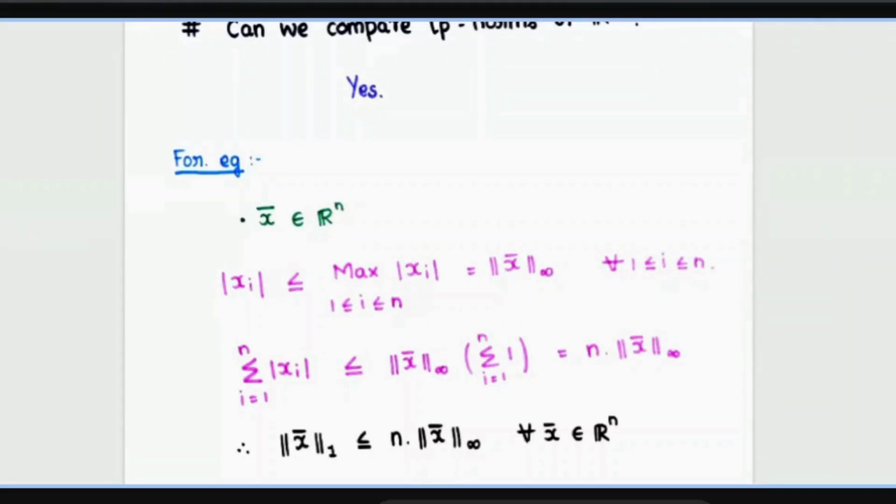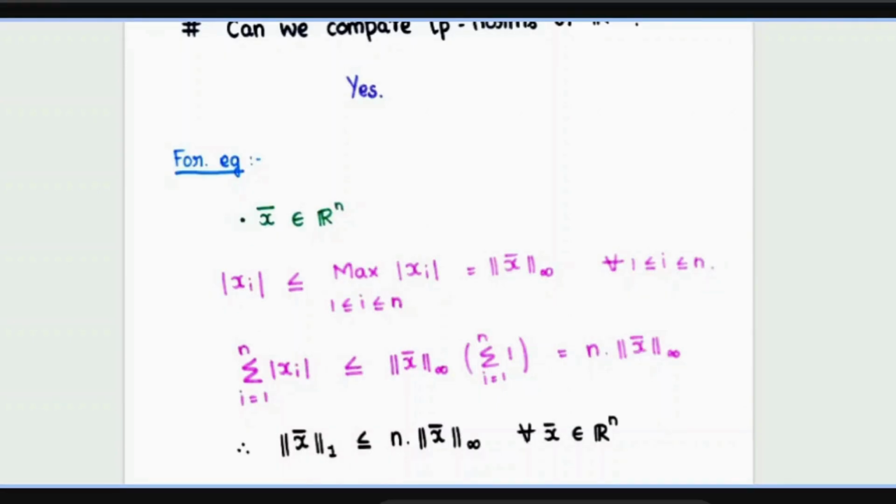So if we add all those |xi|'s, the sum will be less than or equal to the summation from 1 to n of the L infinity norm of x bar. The norm of x bar is a constant, independent of i, so it will be n times the norm of x bar.